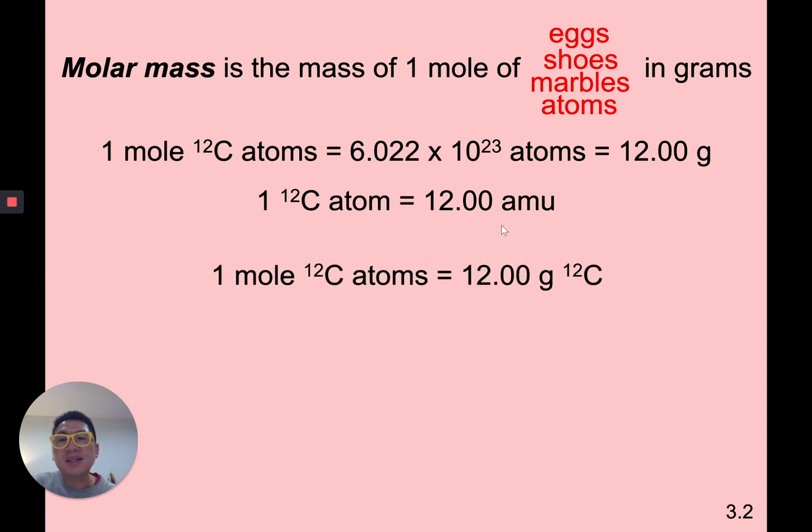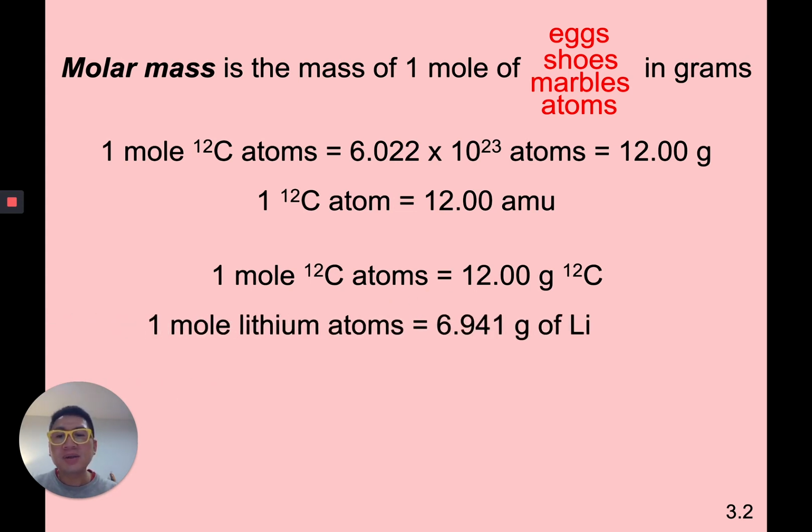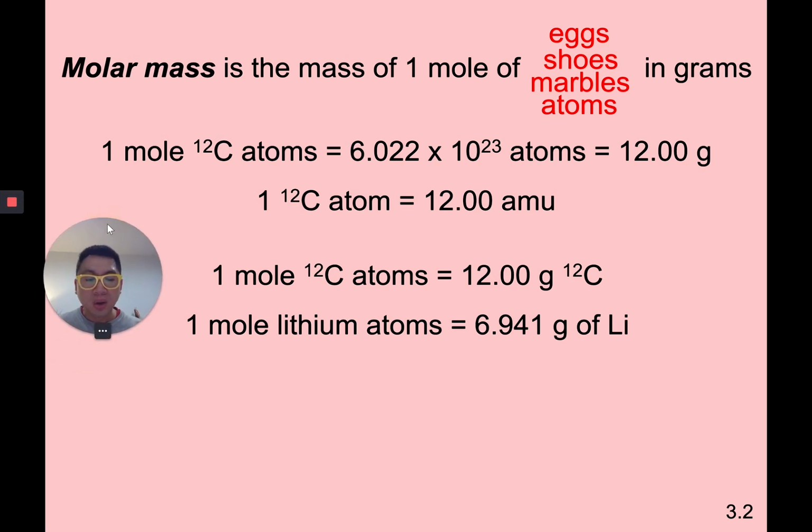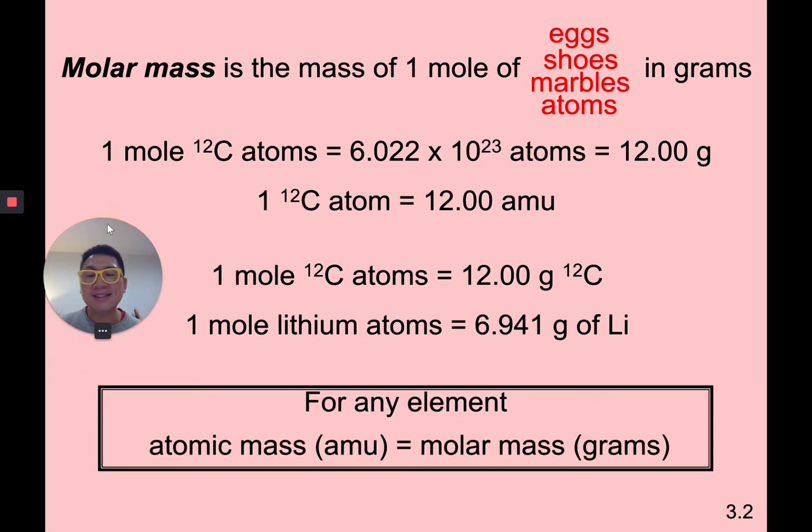That means on that same scale, 1 mole of carbon 12 atoms weighs 12 grams. In other words, 1 mole of lithium atoms weighs 6.941 grams. Or for 1 mole of anything on a periodic table, that number is also the molar mass in grams.